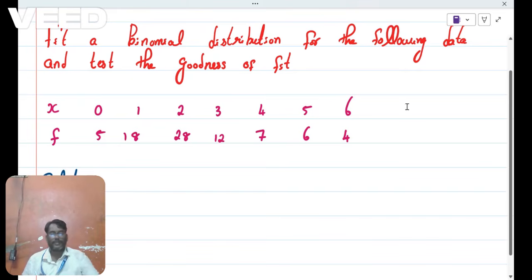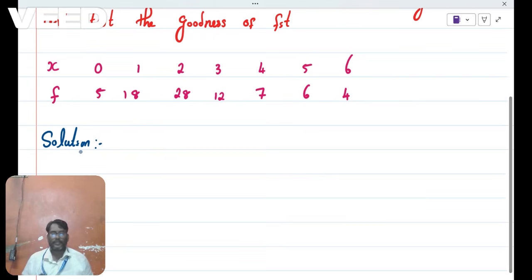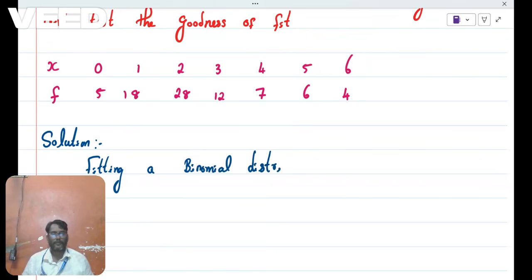The solution will consist of two parts. The first one is fitting the binomial distribution. Okay, we'll fit it now.